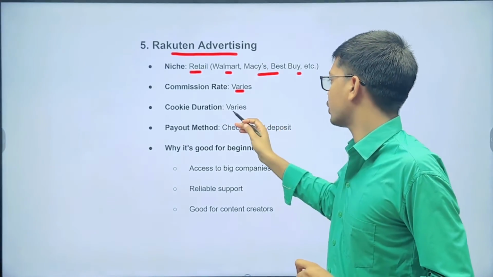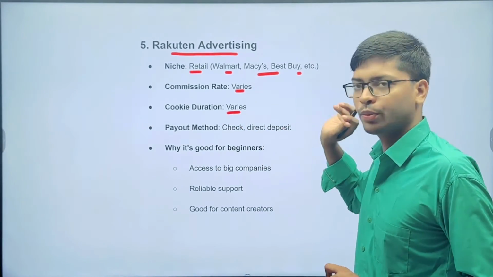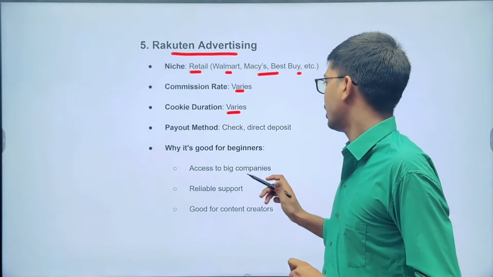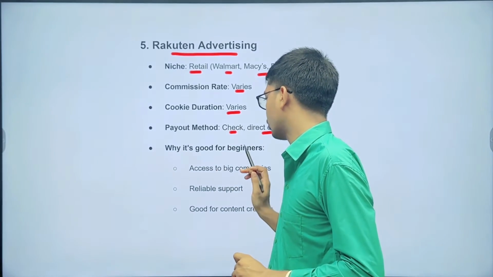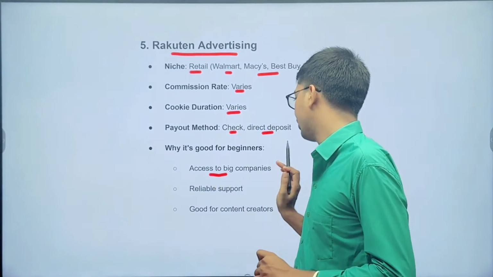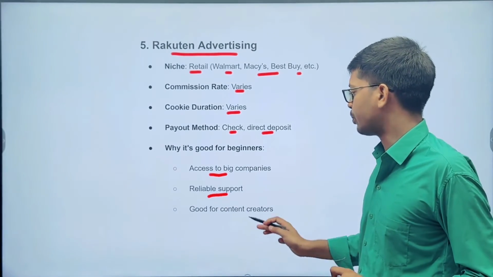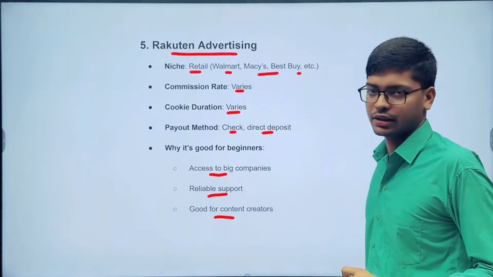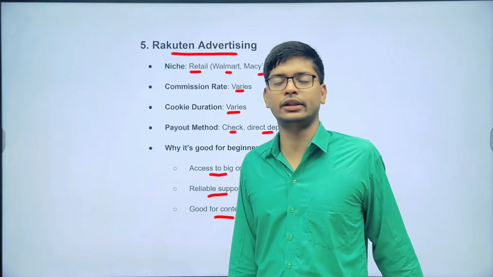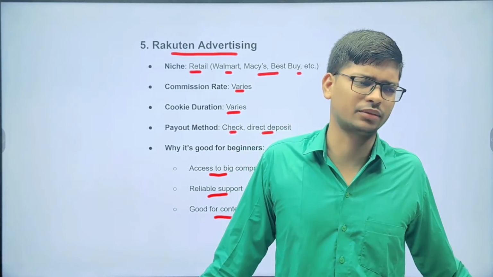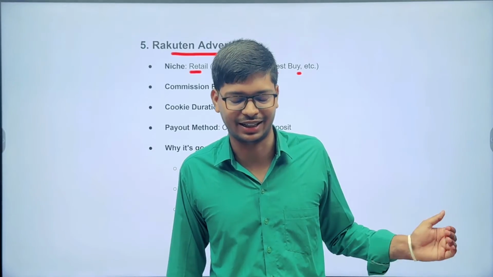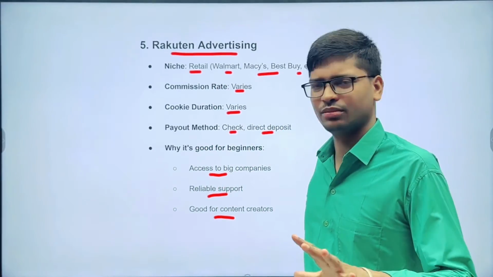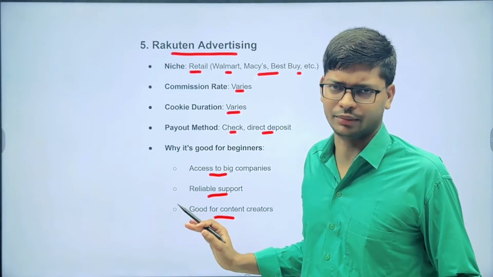Cookie duration varies by product or platform. Payout is check or direct deposit. Why is it good for beginners? Access to big companies, reliable support, and good for content creators. I think this is not a bad platform, but I can't say for sure, so I think you can check it out one time.